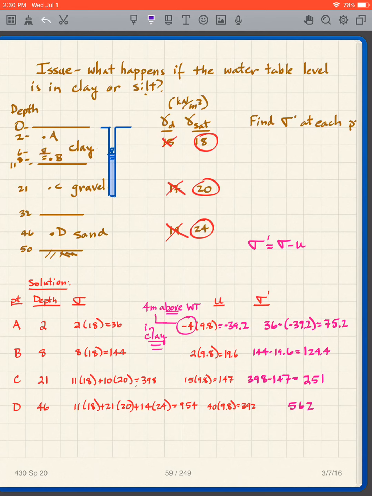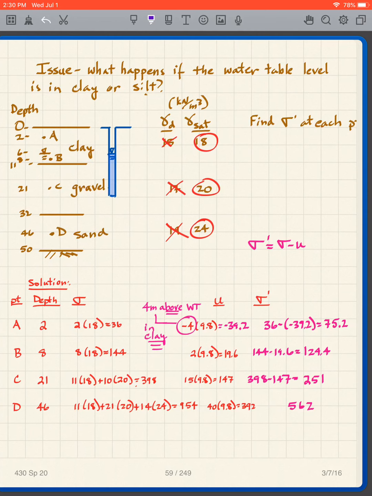And what is the impact of that? In other words, all of this soil now is going to be considered saturated. Why? Because the clay, even above the water table, is saturated, and then I have my water table level, which means that all of the soil down below the water table is saturated. So everything's saturated.